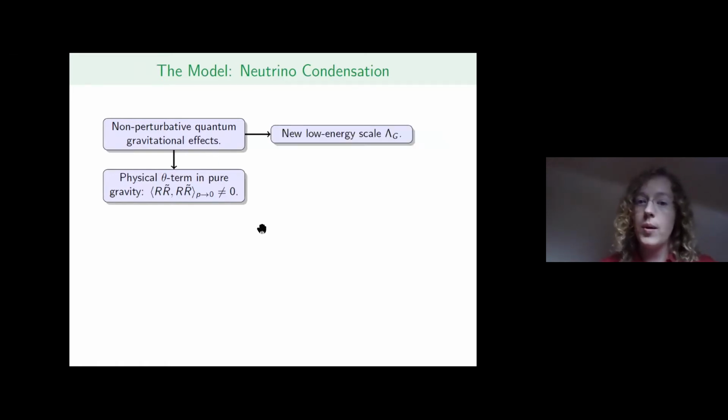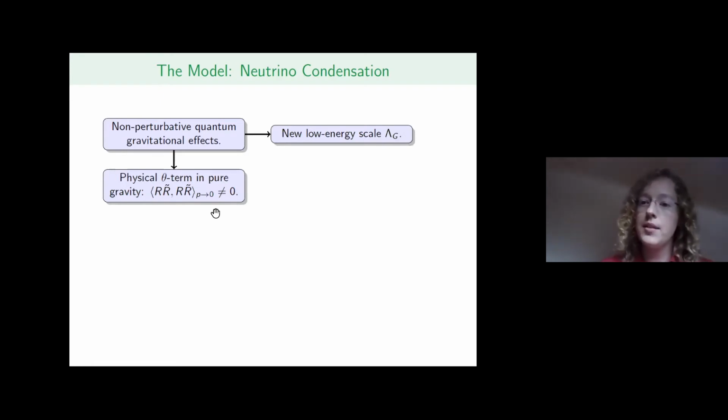And the first thing we observe is that this inherently introduces a new energy scale into the system. And this is the scale which is setting the strength of this correlator, of these non-perturbative effects. So in QCD, this would be the QCD scale. On the gravitational side, this is, first of all, a free parameter, because we're not making a specific assumption about the origin of this term and of the susceptibility.